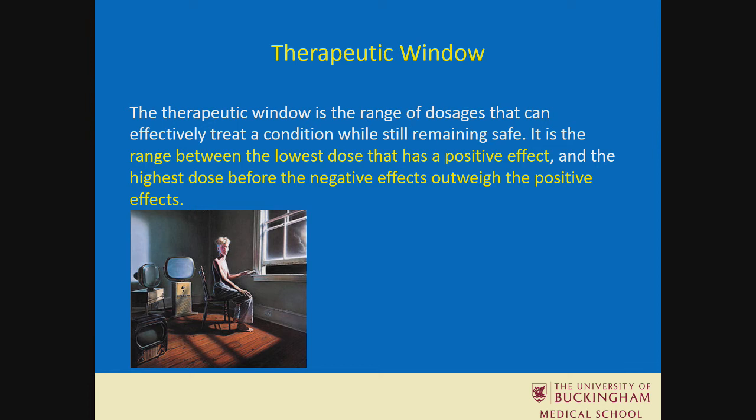It has the lowest dose for the positive effect, but as I'll tell you later, giving a drug at its lowest possible effective dose isn't always a good thing to do either. But you need to make sure you can take the dose up before you start seeing any negative effects that then start outweighing the positive effects. So you do need to monitor that.